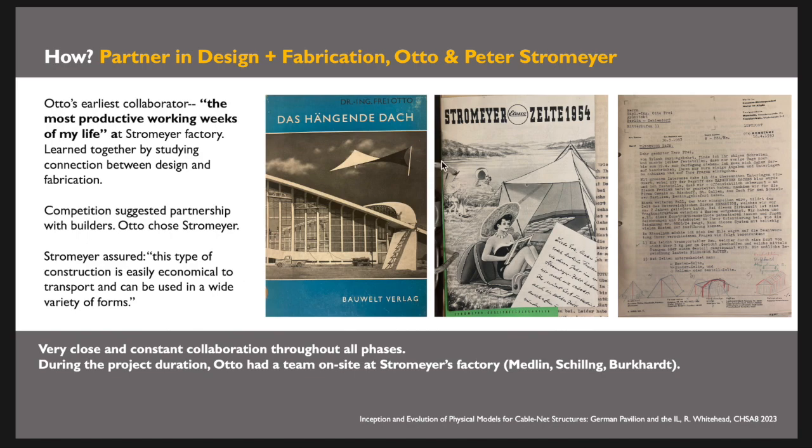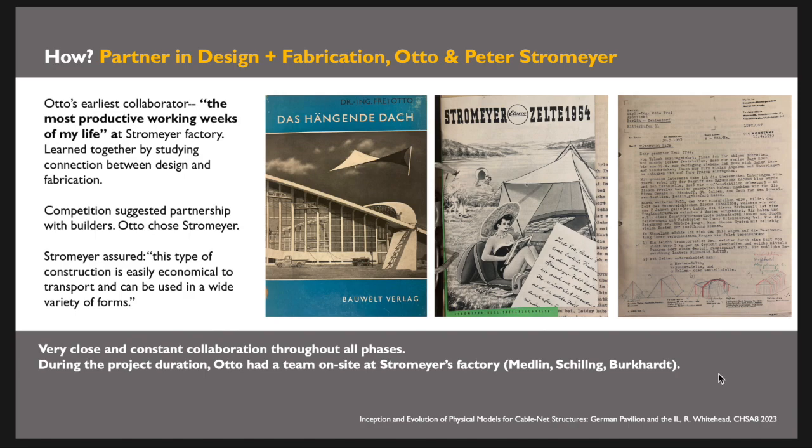What I wanted to show is that here's this relationship between Otto making these thesis projects. Strohmeyer then sponsors quite a few of Otto's tent structures and built almost all of Otto's tent structures in the 50s and early 60s. And the type of relationship they had, here's a letter from Strohmeyer to Otto. In it, they were talking about different ideas, and even at the bottom, Strohmeyer is talking about different forms and different stresses of it.